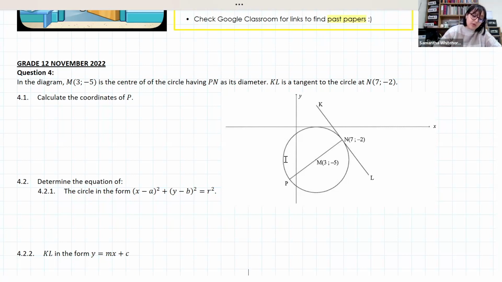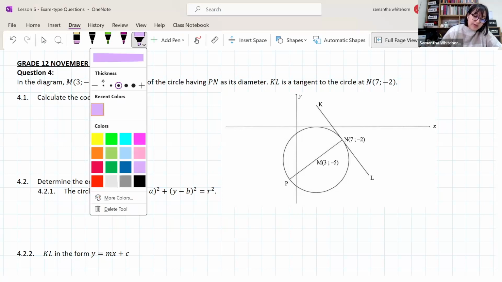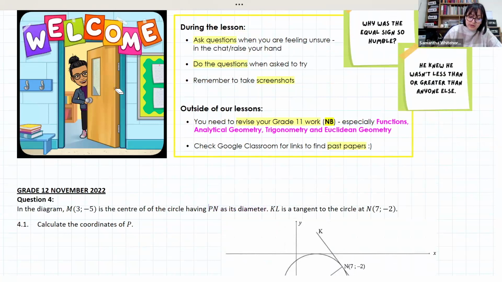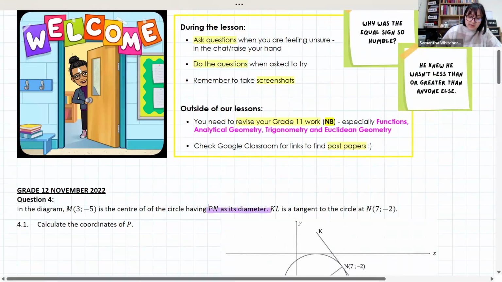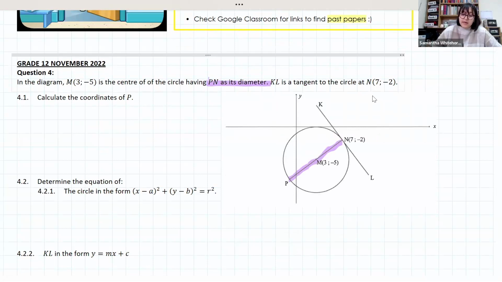Okay, so if we have a look at where P is and what information we've been given about P, we were told in the question that the circle has PN as its diameter. So PN is its diameter. What that means is that that purple line that I have so wonderfully highlighted there passes through our center.